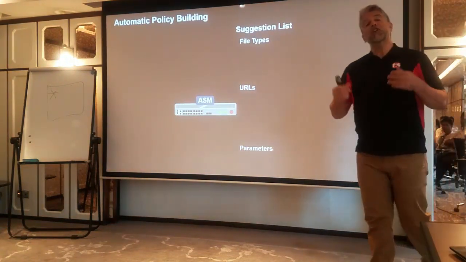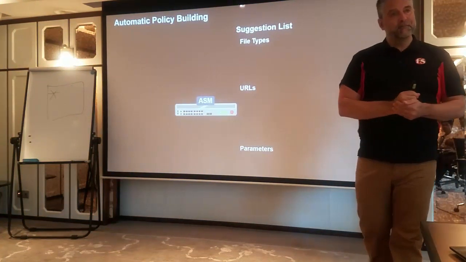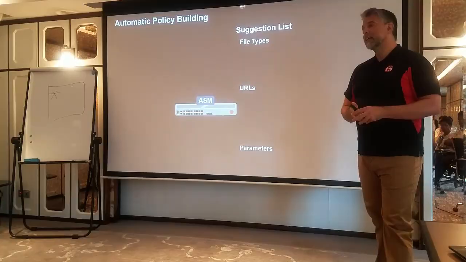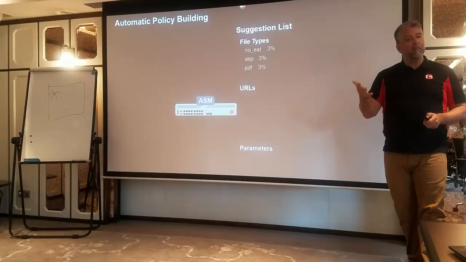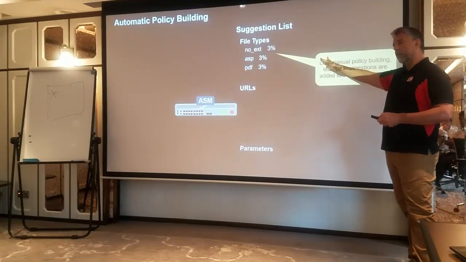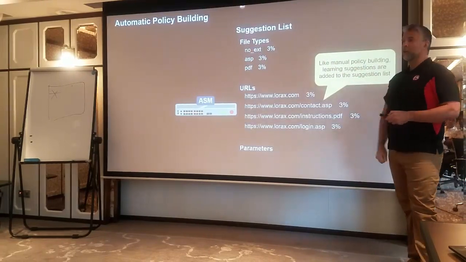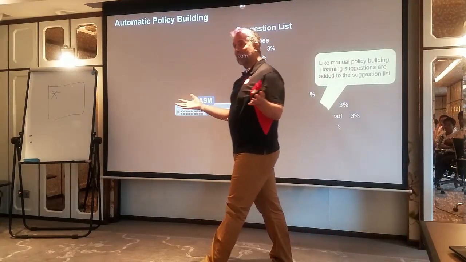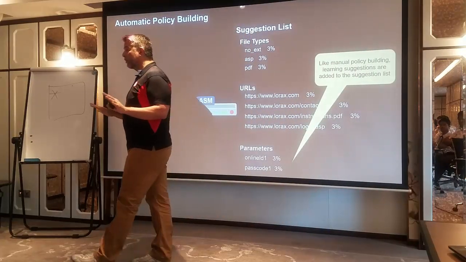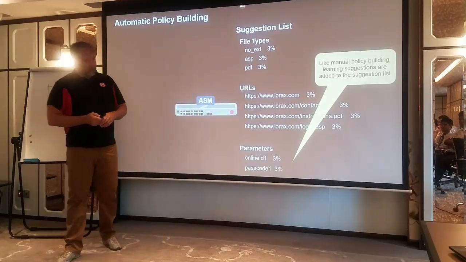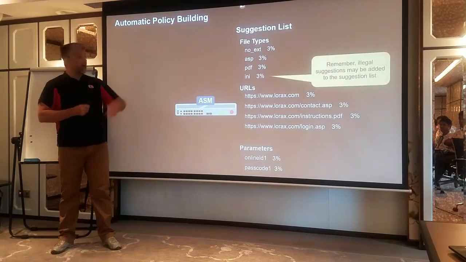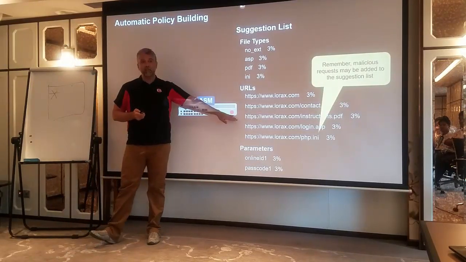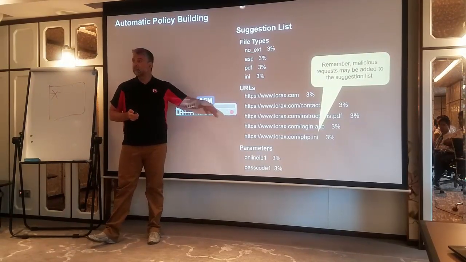Then we have what is called automatic policy building. A little bit different. The starting point is the same. The starting point is I have my suggestions for file types, URLs, parameters, whatever else we're learning. There's a lot of things we could be learning. These are just 3 examples of things we could be learning. And similarly, as time goes by, we could have malicious entries in this list as well.